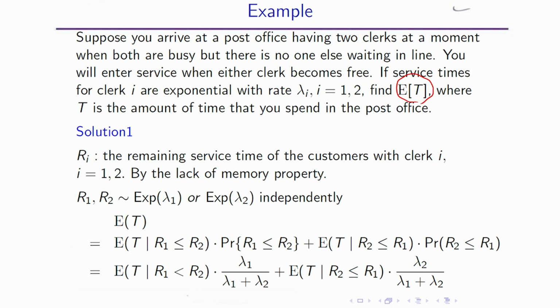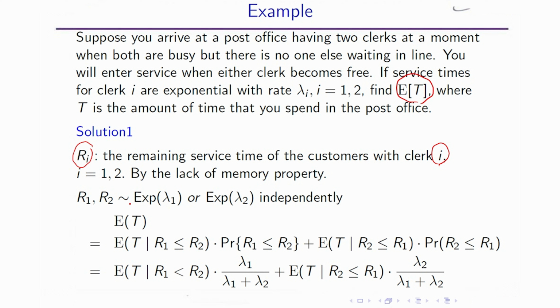If we let Ri be the remaining service time of the customer with clerk i, we have R1 and R2 because now we have two clerks. By the lack of memory property, which is the memoryless property, R1 and R2 are both exponentially distributed with respective rates lambda 1 and lambda 2.